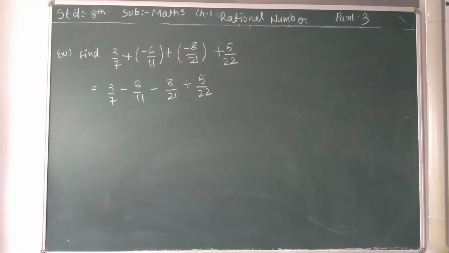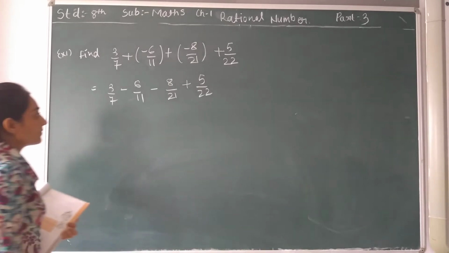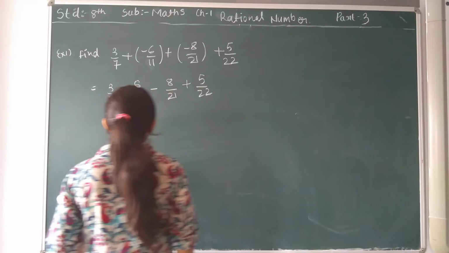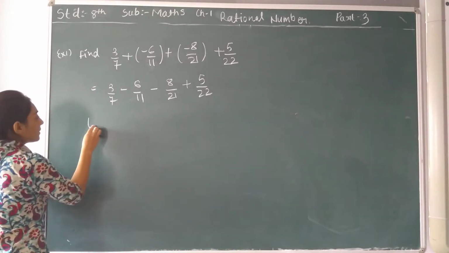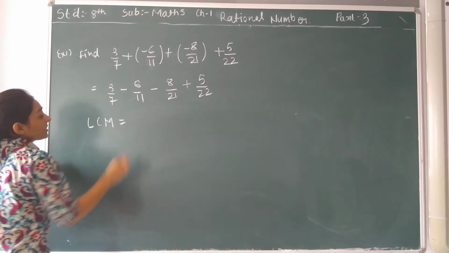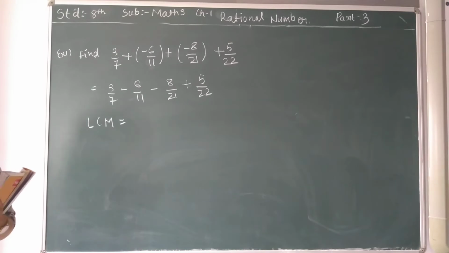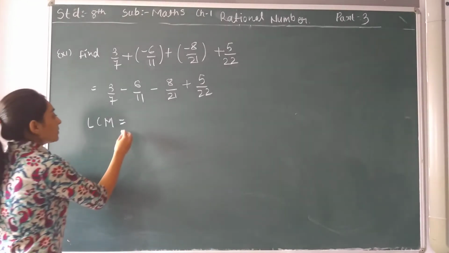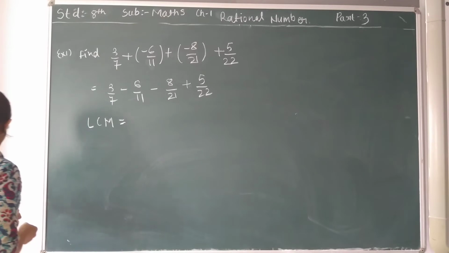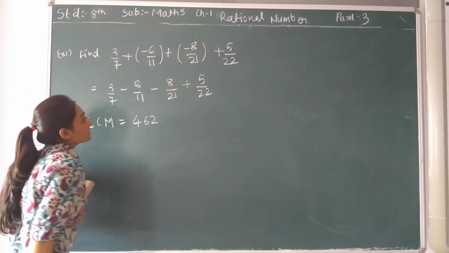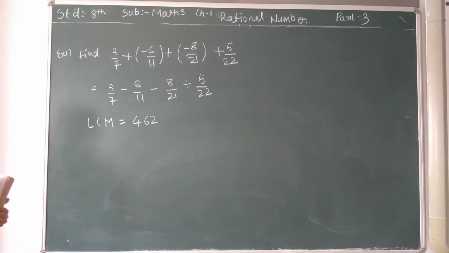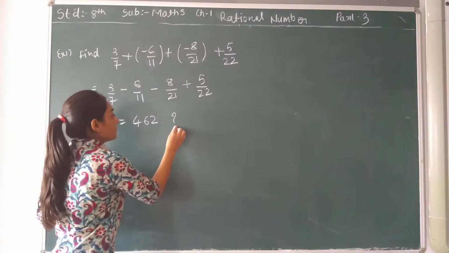Now just take the LCM. So we have to take the LCM of 7, 11, 21 and 22. You know how to find the LCM. Okay, so the LCM is 462 over here. Now how did it come?